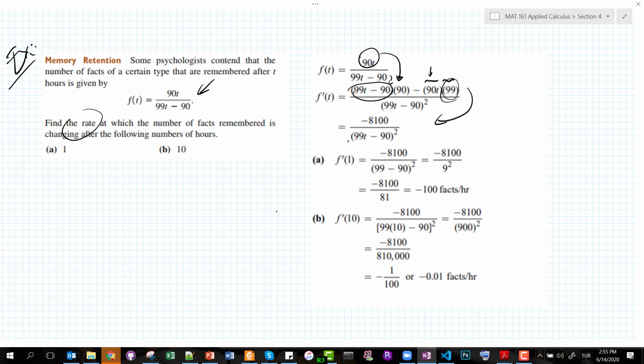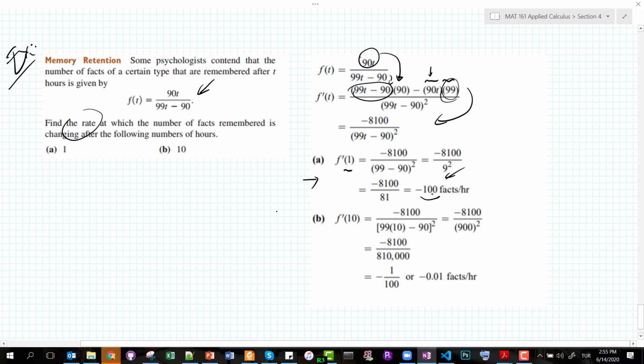So let's calculate how many facts you could remember after 1 hour. What is the rate of remembering those facts? You are just going to use x equal to 1, or t equal to 1, in this rate of change function, which is the derivative function. So this is the 100th fact.